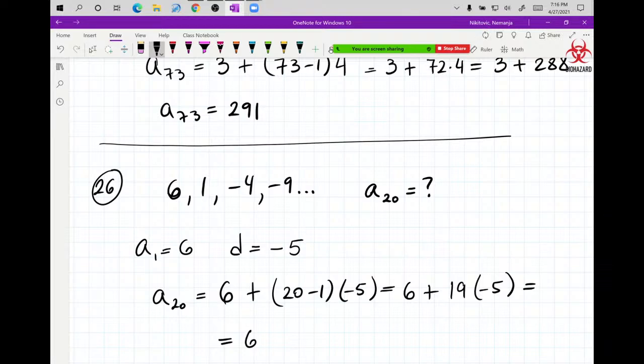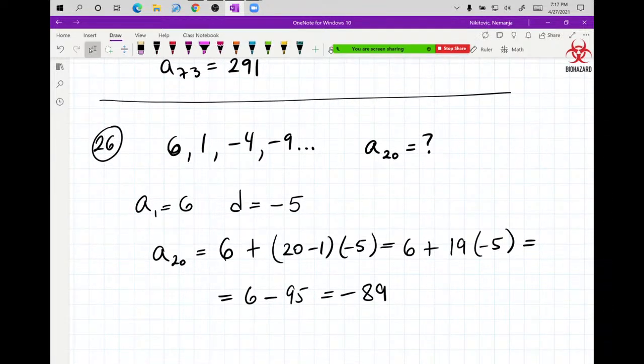That is 6 minus 95, which is -89. So -89 is the 20th term in the sequence. You can go and keep subtracting 5 and you will land on the 20th number in your sequence.